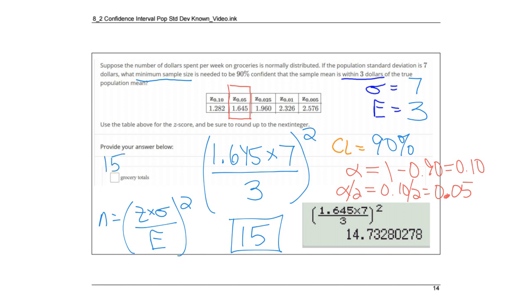But even if that had been 14.132, we would still round up for minimum sample size. So we want 15 different grocery totals. That's what we're going to look at in order to be 90% confident and keep our margin of error within $3.